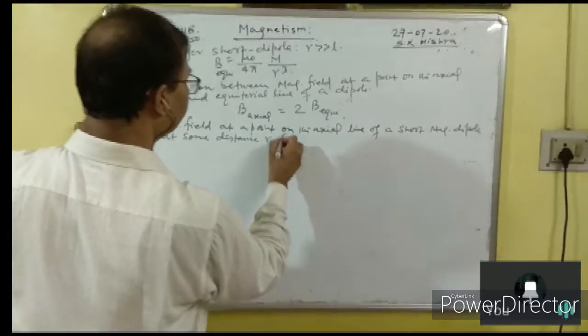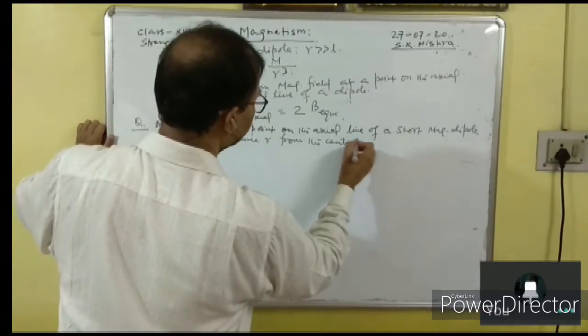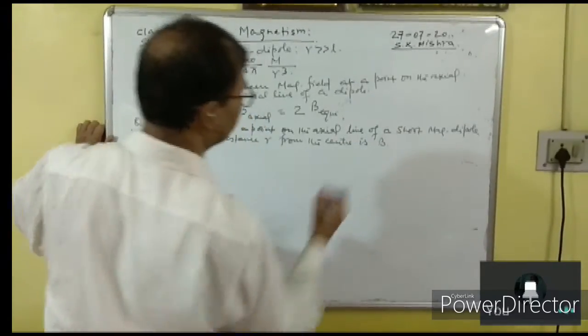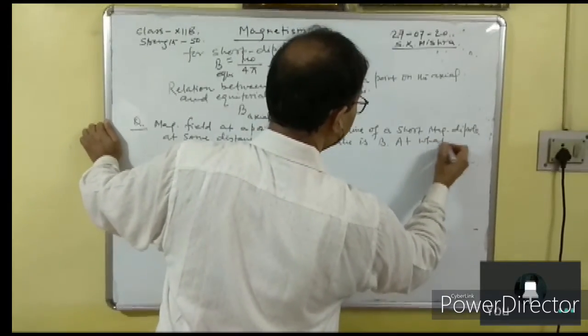If you divide 2 theta, this will be theta and theta, because this is the resultant of two equal vectors. So the resultant of two equal vectors always lies along the angle bisector.